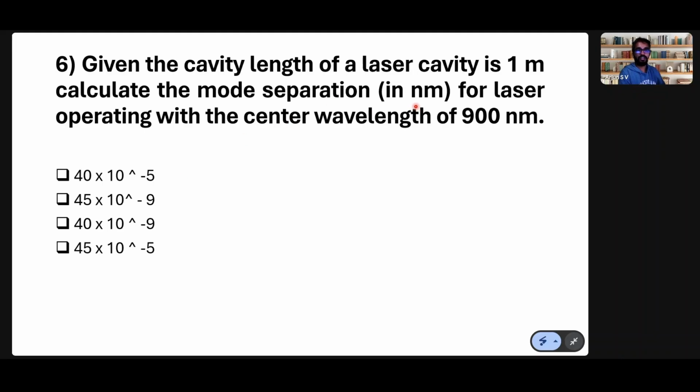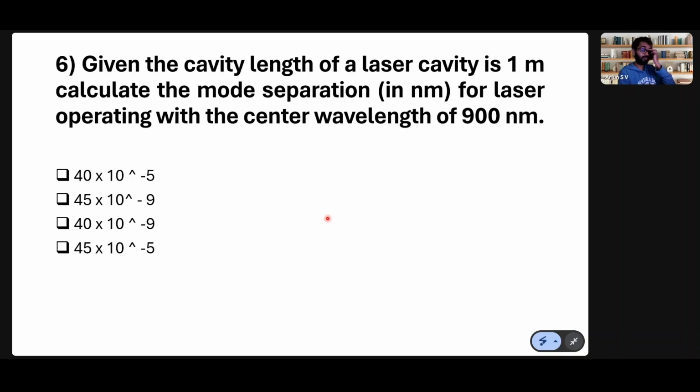So mode separation delta lambda will be lambda c square divided by 2l, where lambda c is your central wavelength, which is 900 nanometer, and l is the length of your laser cavity, which is 1 meter.